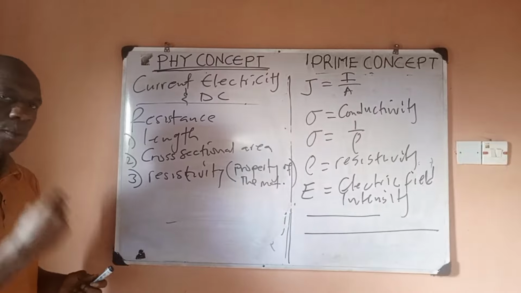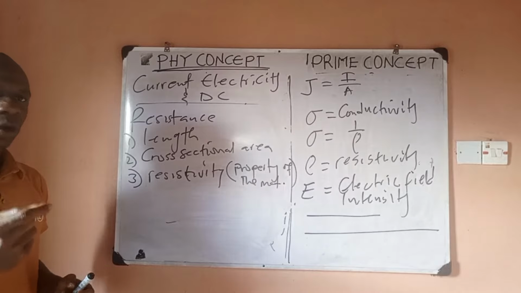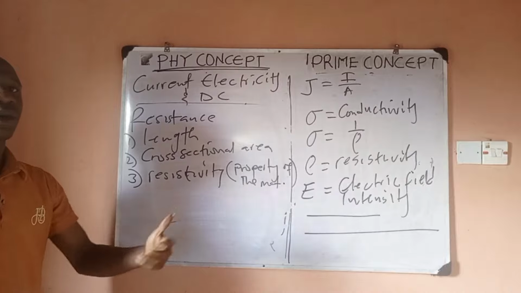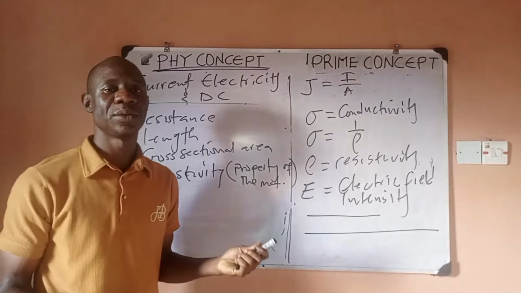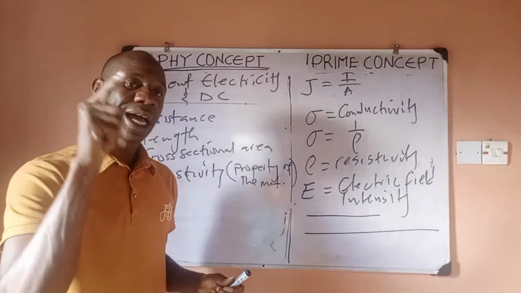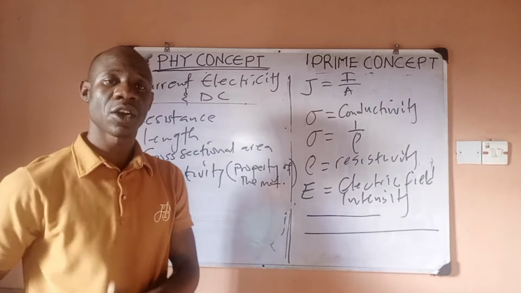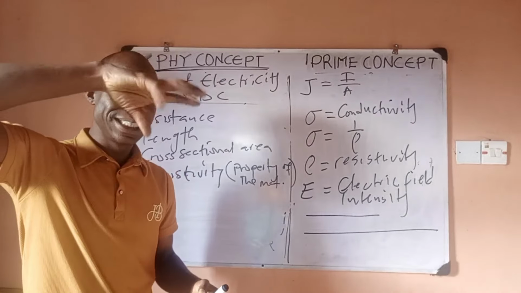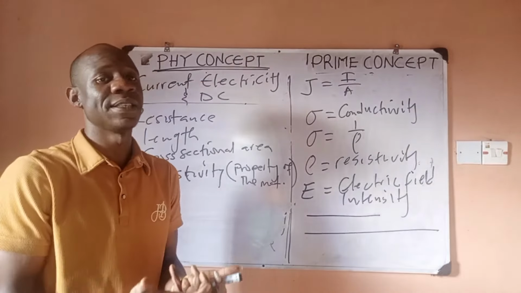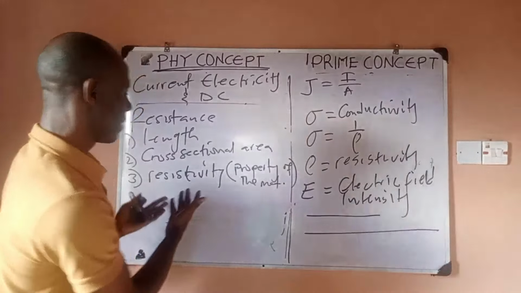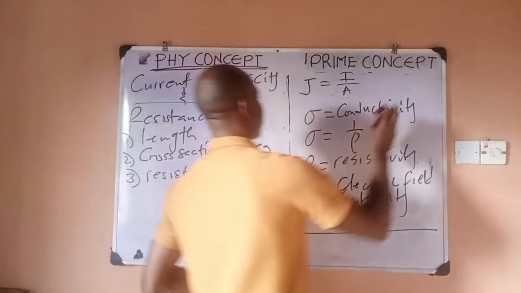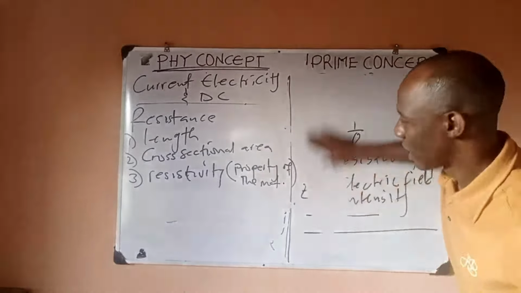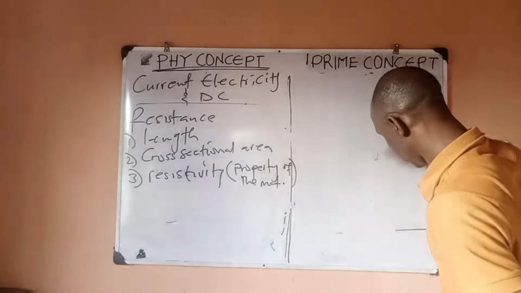That is to say, when you compare a copper wire, for example, to an aluminum wire, their resistance is not the same. Which of them has a higher resistance? Aluminum has higher resistance than copper. And that name, aluminum, is a property which affects the resistivity. So resistivity depends on the nature of the material. So these are things that affect the resistance of a wire.